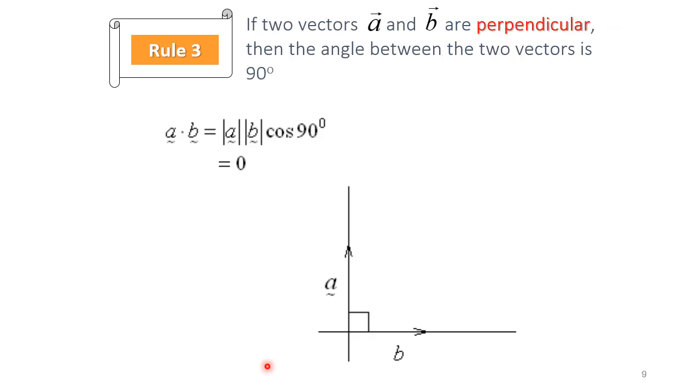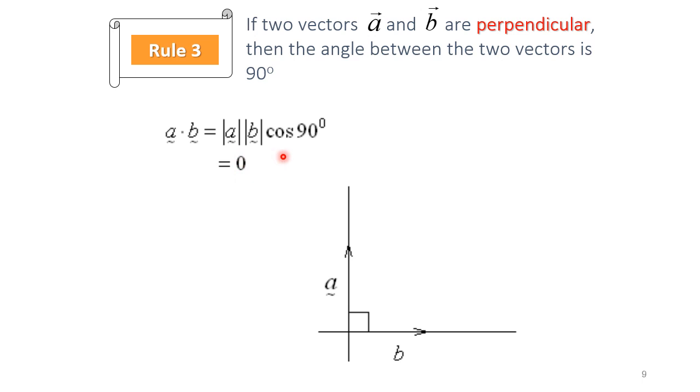Then the third rule, if the two vectors are perpendicular, the angle between the two vectors is 90 degrees. So cos 90 degrees is 0. Always remember, cos 90 is 0.